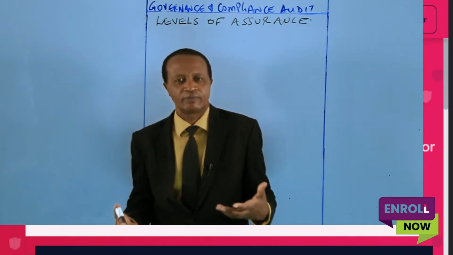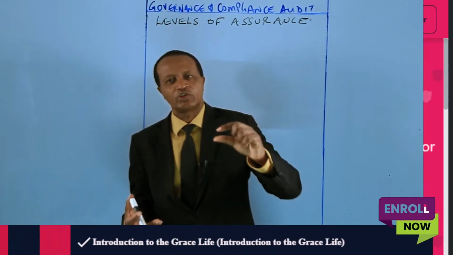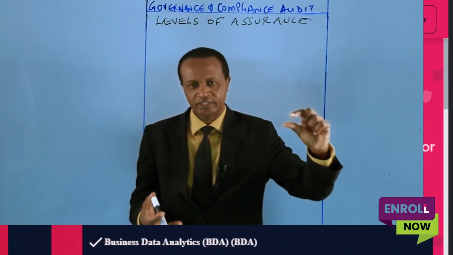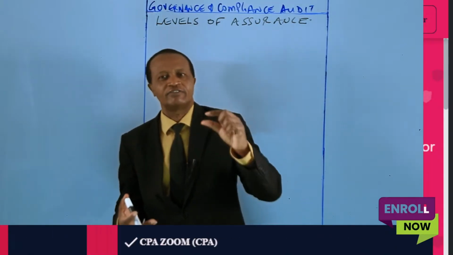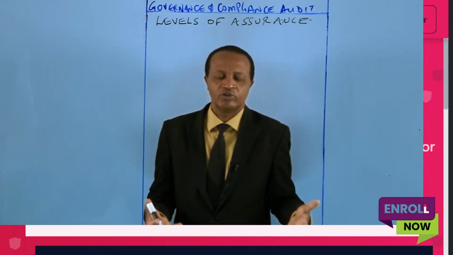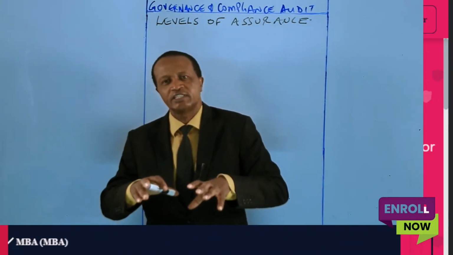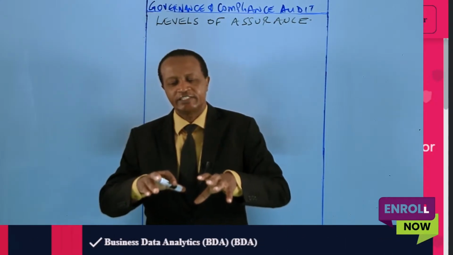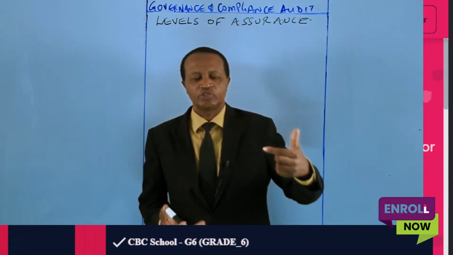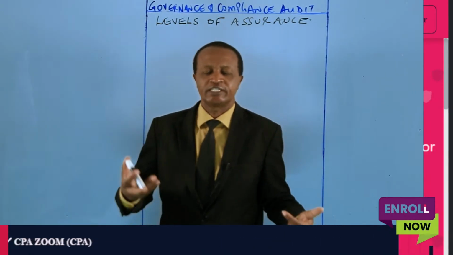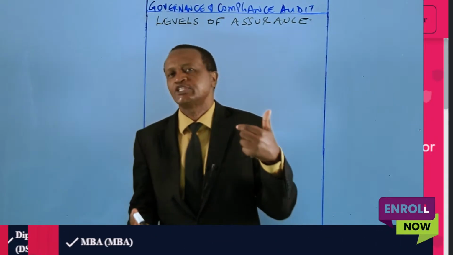And unlike the financial audits, where the standard is often reasonable assurance, governance and compliance audits may have more flexibility in the level of assurance that is sought. The level of assurance is just a measure of the confidence that the audit team provides to stakeholders regarding the subject matter. Assurance comes from the word assure.